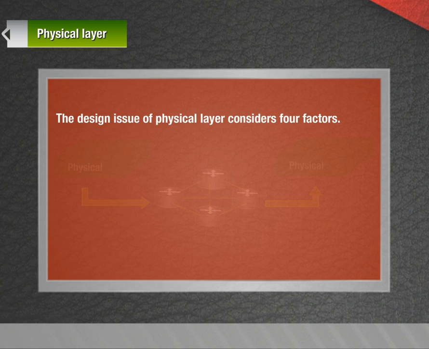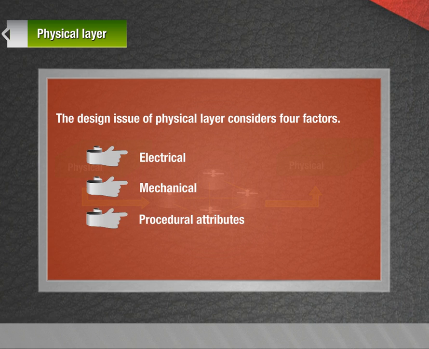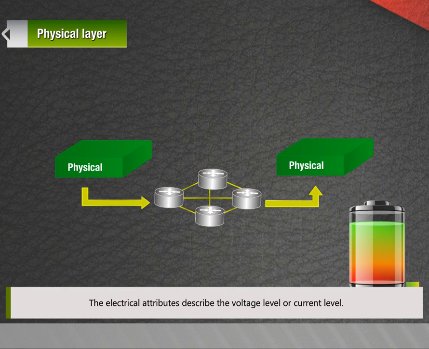The design issues of the physical layer consider 4 factors: electrical, mechanical, procedural, and functional attributes. The electrical attributes describe the voltage level or current level.